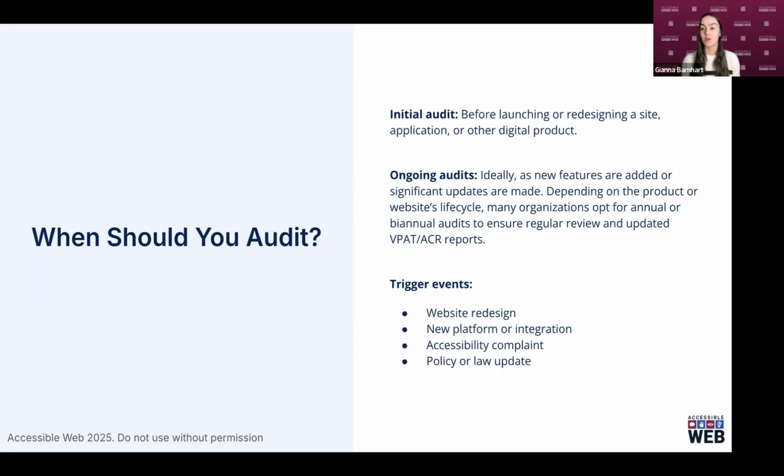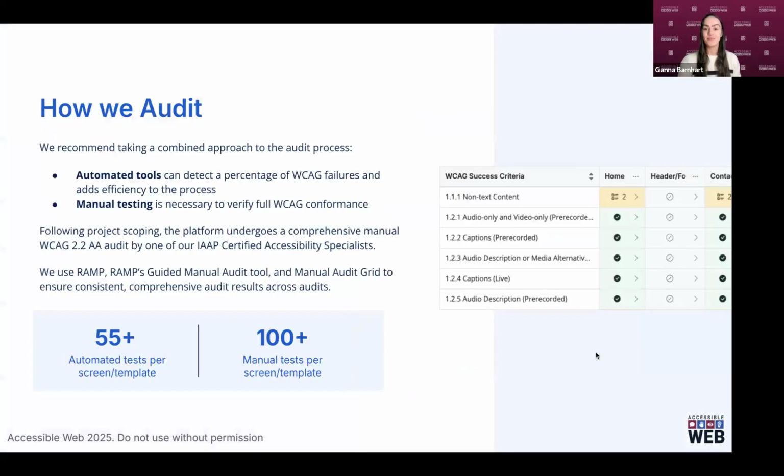We've been hearing a lot of requests for third-party audits from states, universities, and counties, as they try to figure out how they will ensure that all of their vendors are providing them accessible technology, websites, and applications. So now tends to be a time when a lot of people need audits.